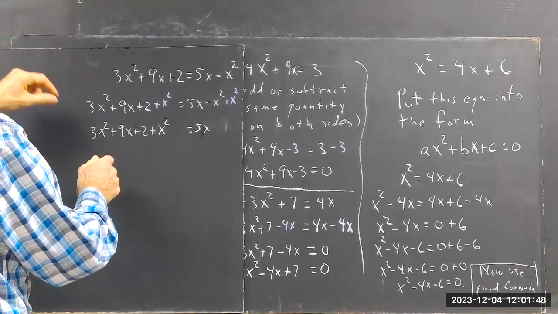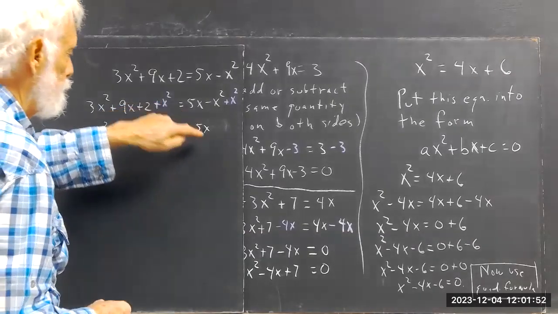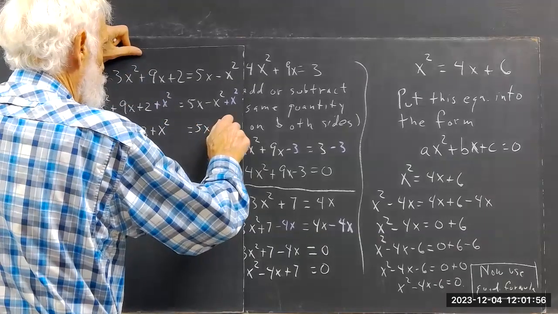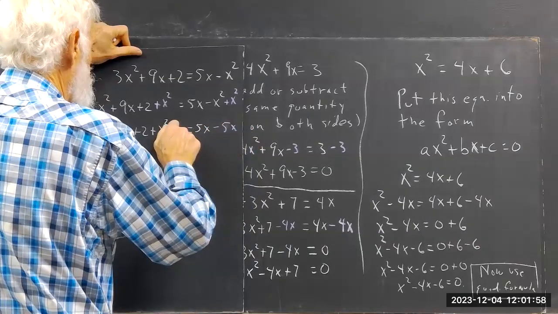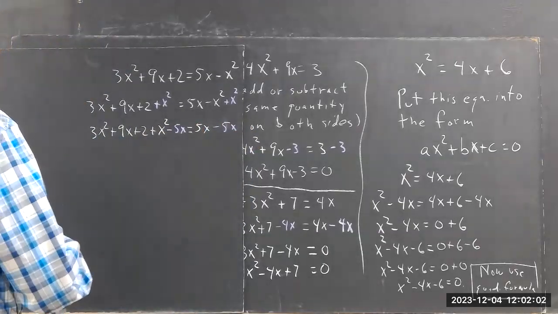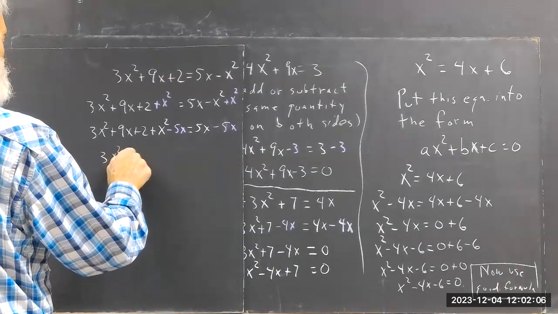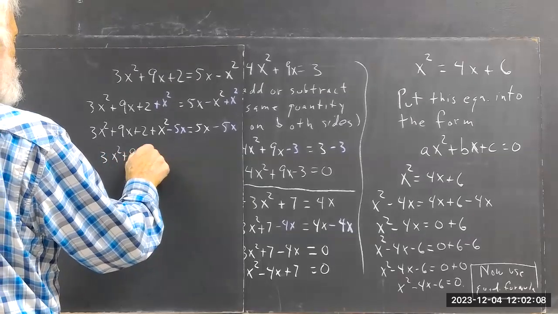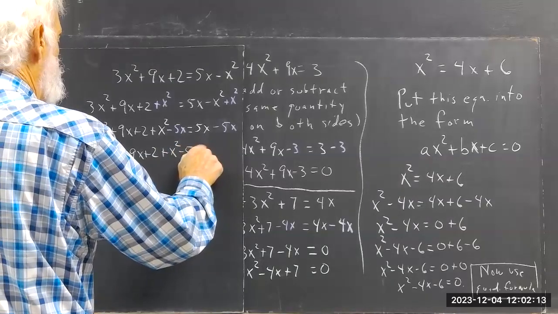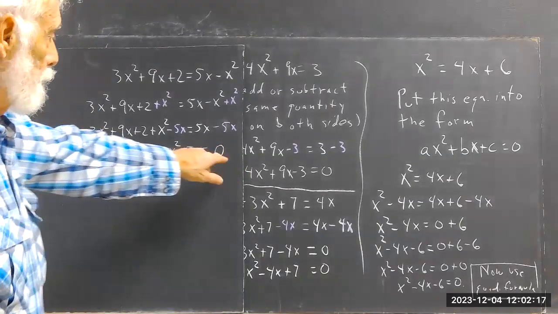Okay, so now what do we do? Well, we got 5x over here, 0 over here, and it's real easy now to get 0. We subtract 5x from both sides, and we get, okay, so now we got 0 over here.